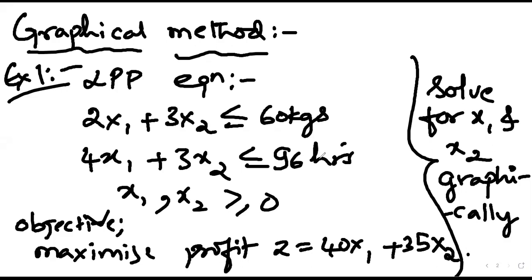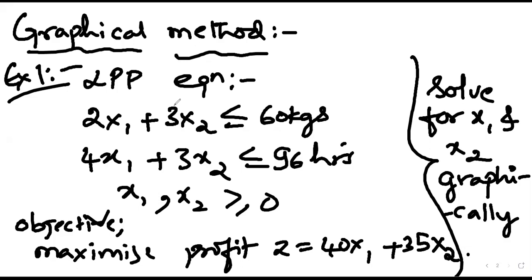Usually the ERPs decide all the values of x1 and x2. Here x1 and x2 are nothing but the total number of products being manufactured by the firm.